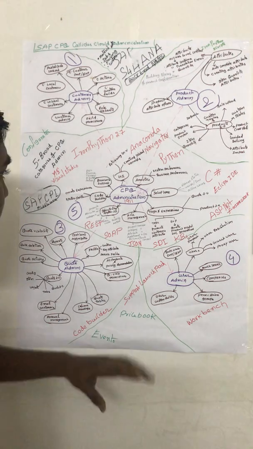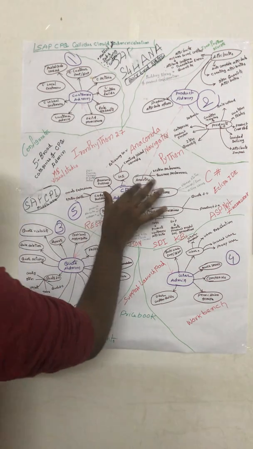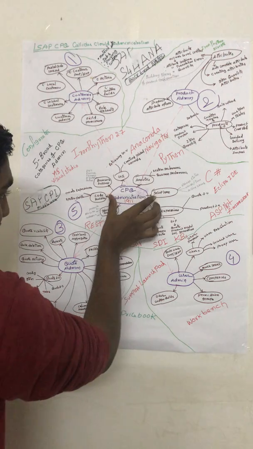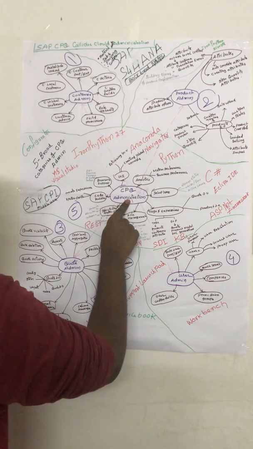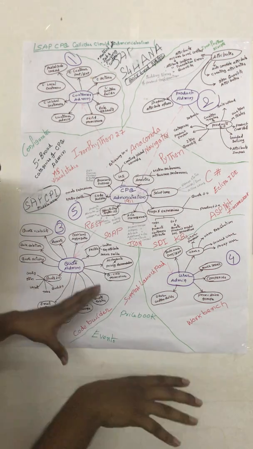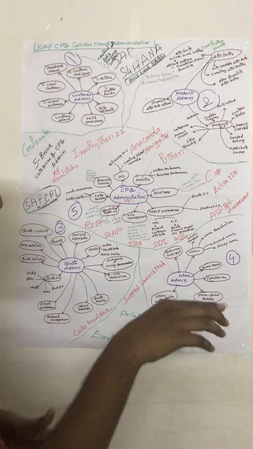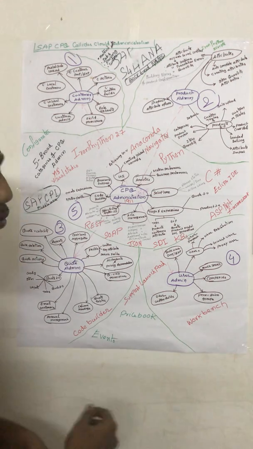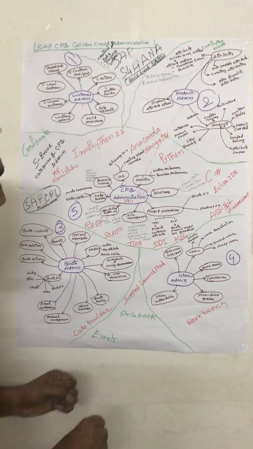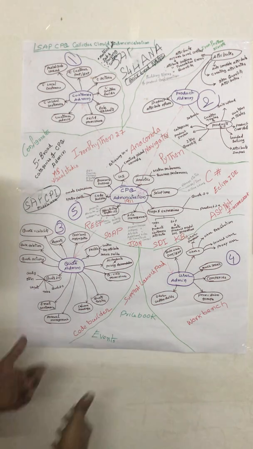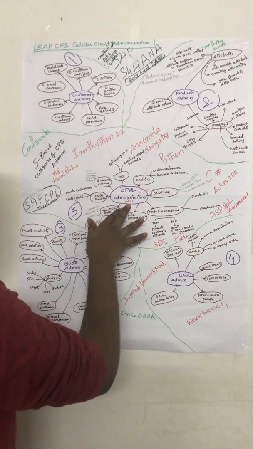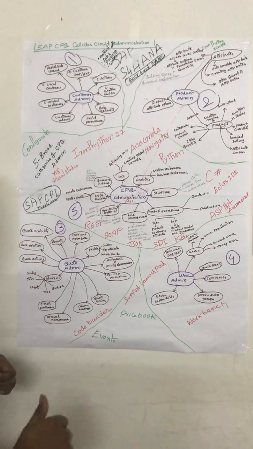So the final conclusion is CPQ acts as a lead system. This is the lead system where all the processing takes place, all the information processing, retrieving information, getting information, and everything takes place here. But from where will the information come?